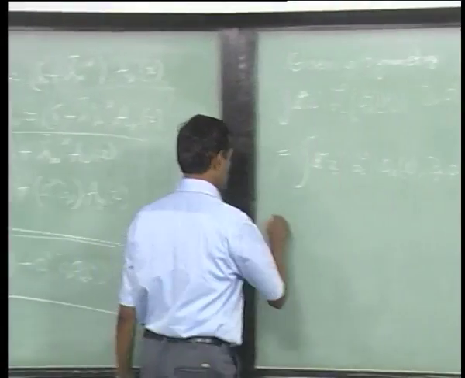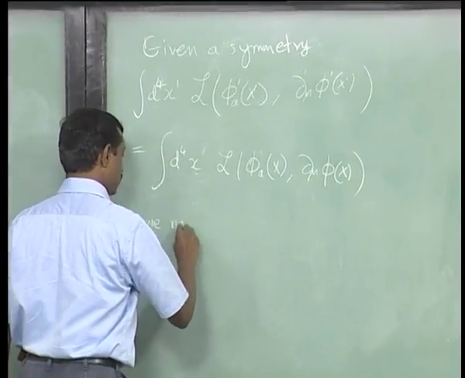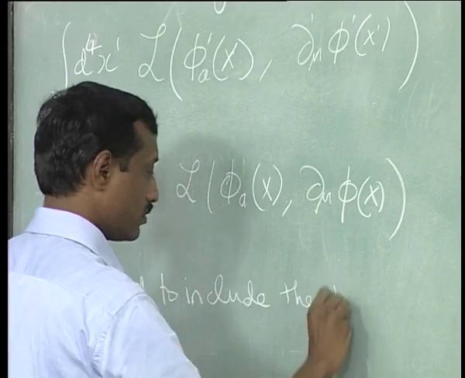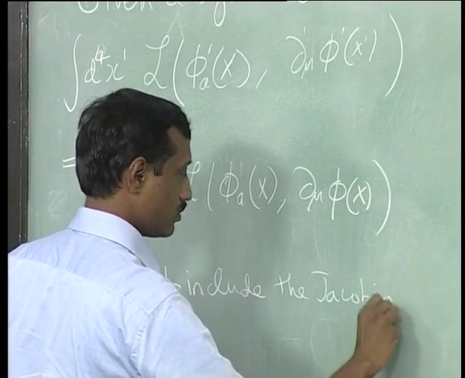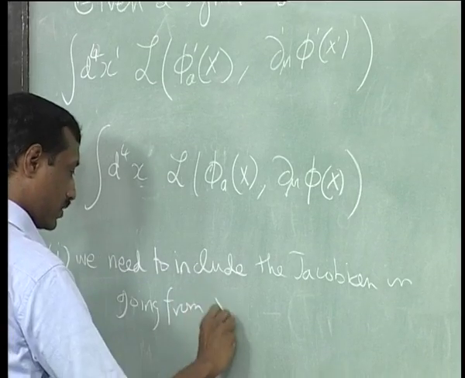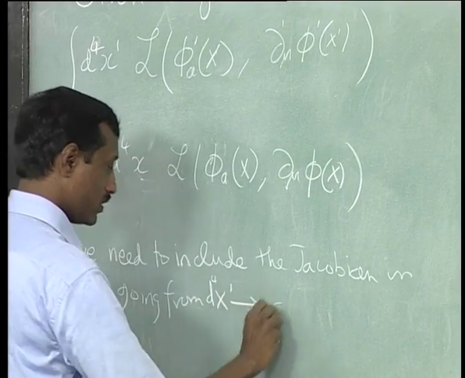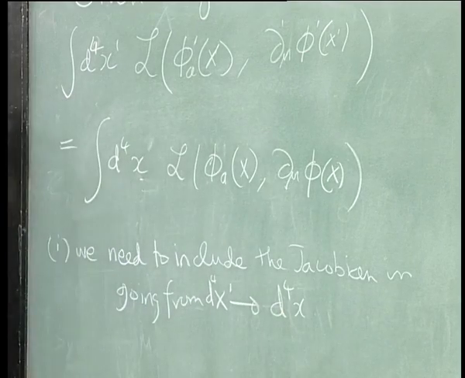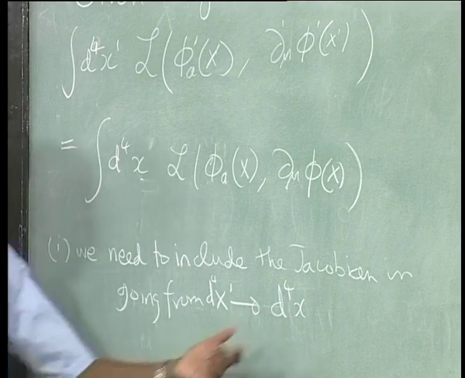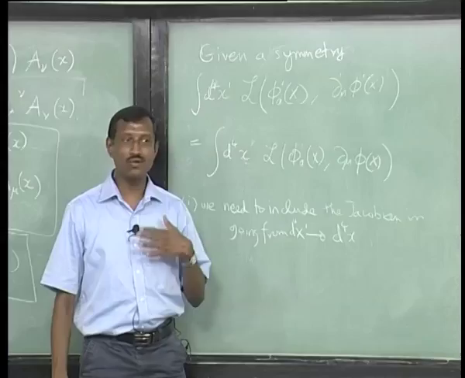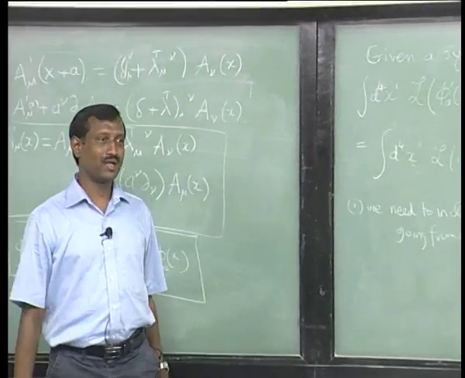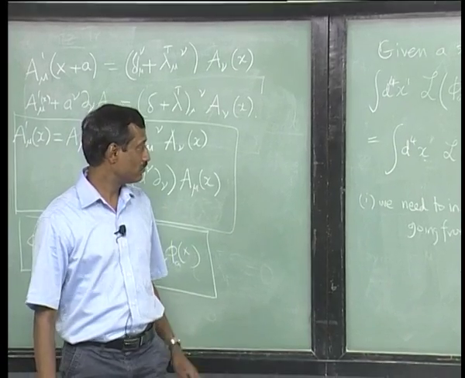So, we need to include the Jacobian in going from d4 x prime to d4 x. But life is easy because we do not want the exact expression for the Jacobian, we are going to work always to first order, and we will see that there is a very very simple formula which you can write for the Jacobian without any problems.